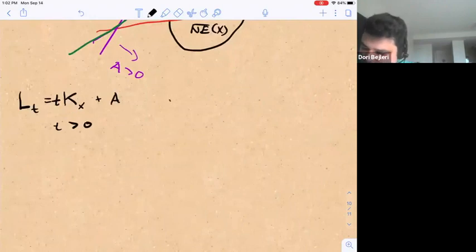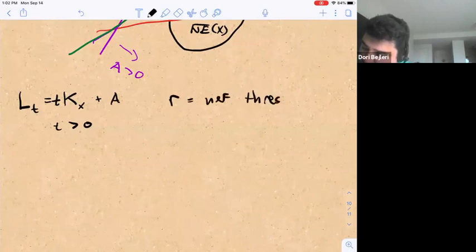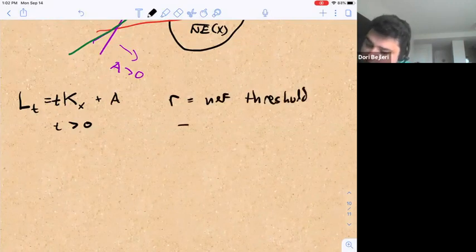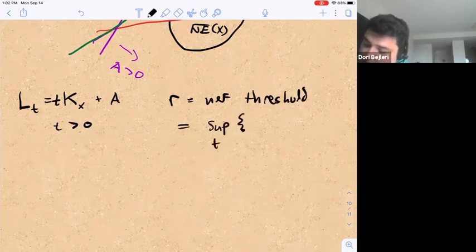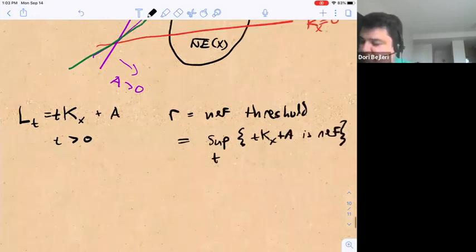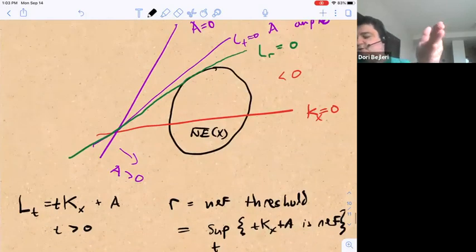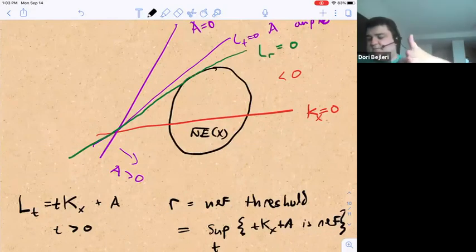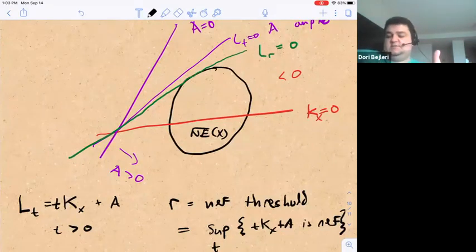So let's define this r, which we can call the Neff threshold, is the supremum over all t such that tK_X + A is Neff. And that's exactly what it means to say that we've increased t until we hit the numerically effective cone, because now that we're touching it, we have something where L is 0, so it's no longer ample, but the class is still on the non-negative side, so it's still at least Neff.